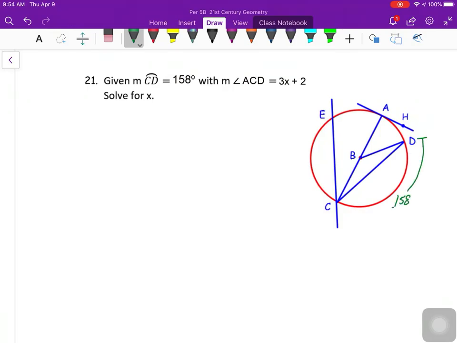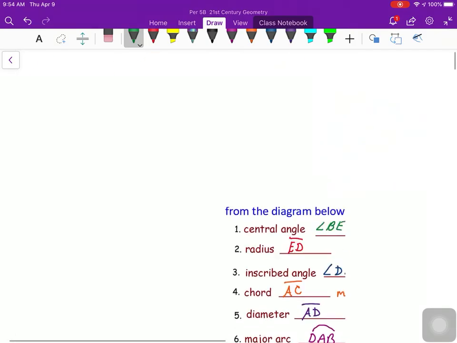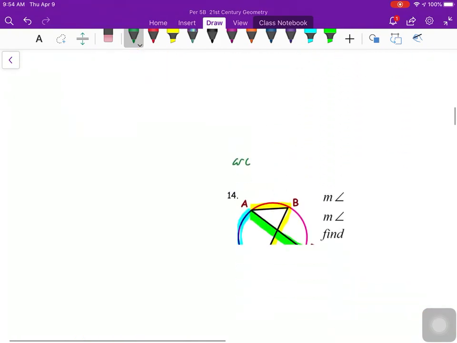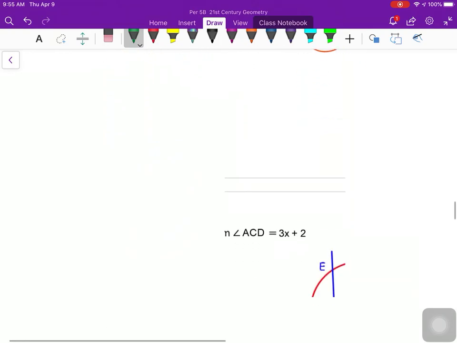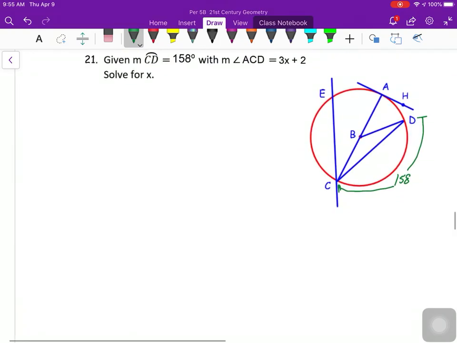Okay, on this one, they gave us the arc from C to D was 158. So that's really this arc from here over to here. That's 158.